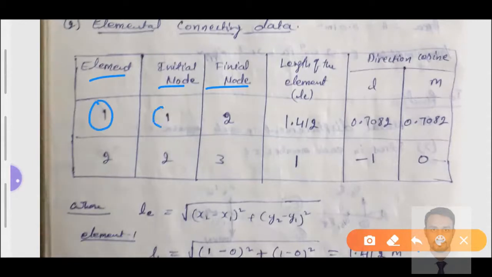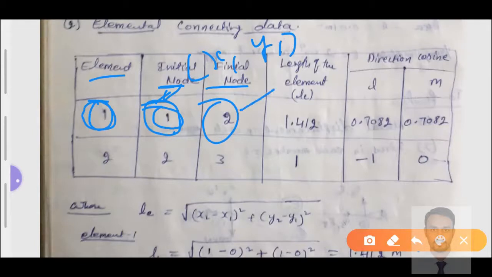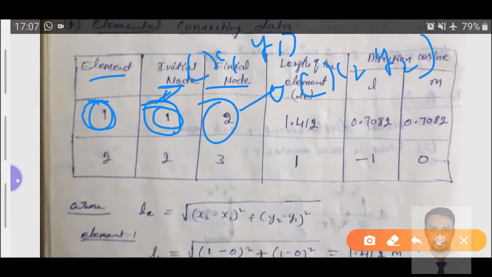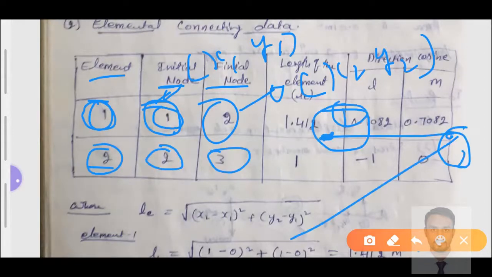Element number 1 lies between node number 1 and 2. It starts from node number 1 and ends at node number 2. So the start is the initial node of element number 1, with coordinate value x1, y1 at node number 1, and where it ends, at node number 2, is x2, y2. Element number 2 starts from node number 2 and ends at node number 3.